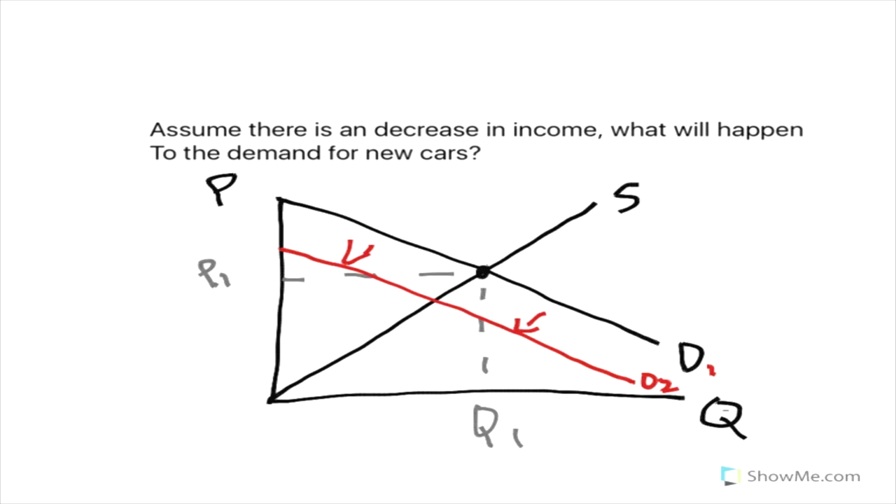From here, we can determine that our price is going to go down from P1 to P2. And then our quantity is also going to decrease and be at quantity 2. Thus giving us a new equilibrium at P2 and Q2, illustrating the decrease in demand for new cars with the decrease in our income.